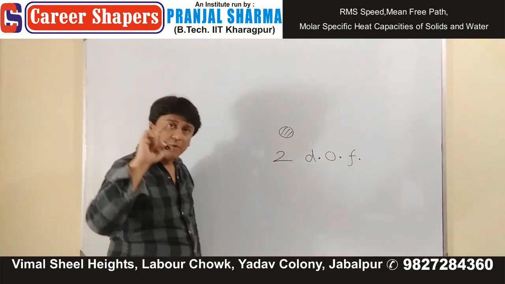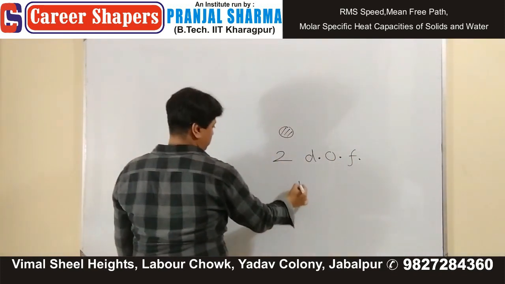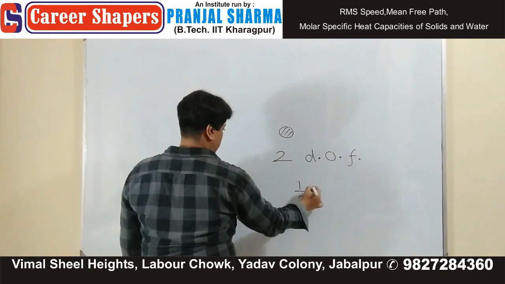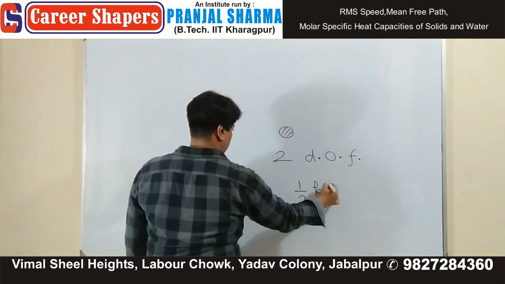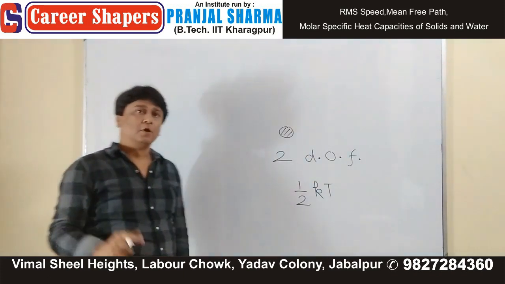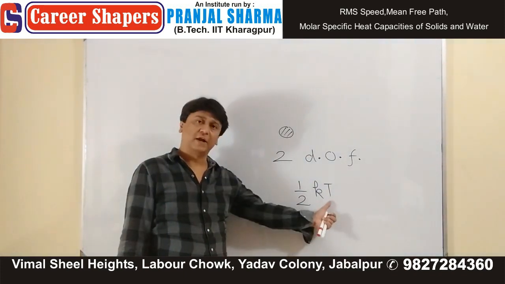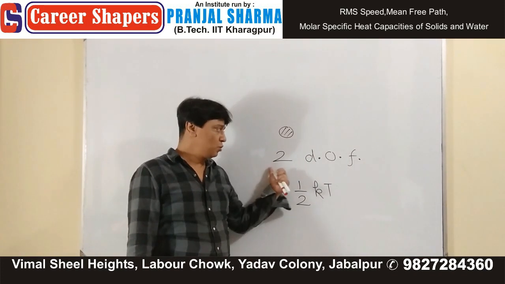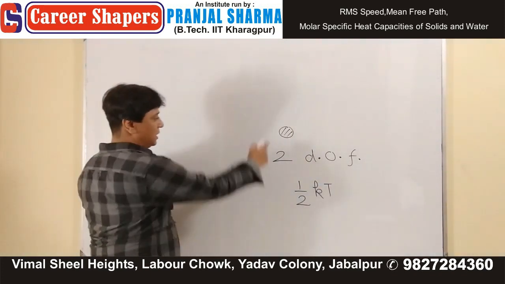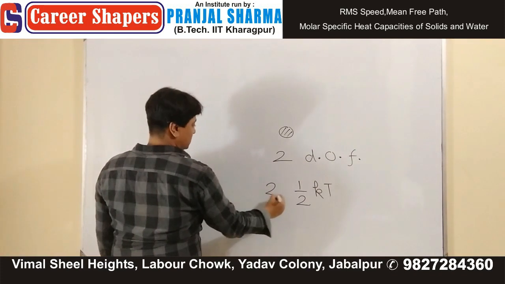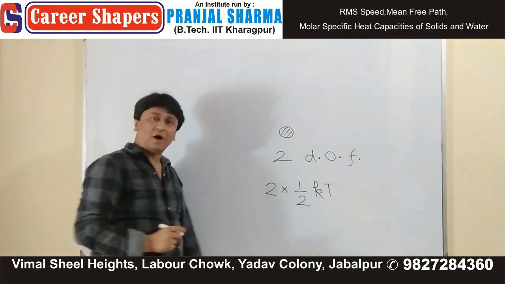For 1 degree of freedom, everybody knows that energy is what? Half kT. For a given degree of freedom, energy is half kT. If there are 2 degrees of freedom, energy is 2 into half kT.